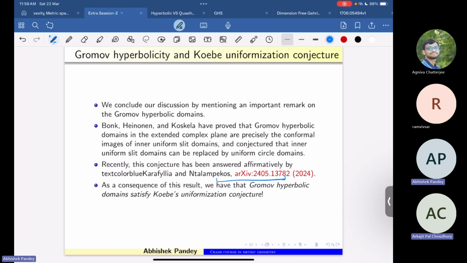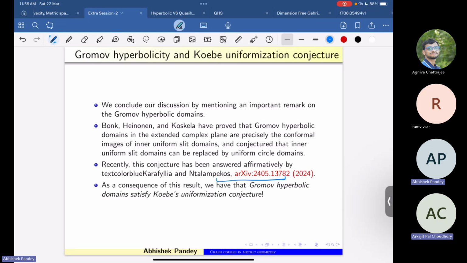What is this Koebe uniformization conjecture? It says that any domain is conformally equivalent to a circle domain. Circle domain means boundary components are either a point or a complete circle.